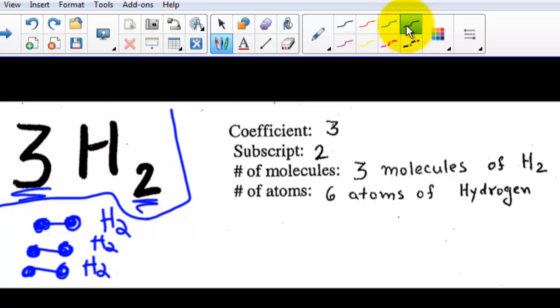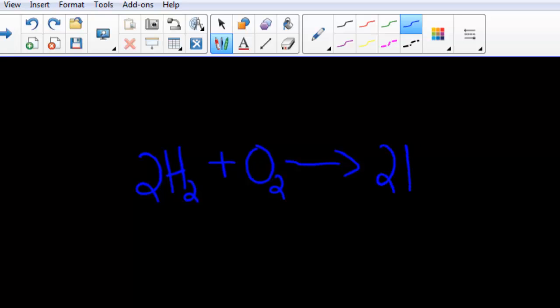Now, the final thing here is how to read chemical formulas. So let's have a simple one for making water. So here's a very basic formula to combine hydrogen and oxygen to form water.